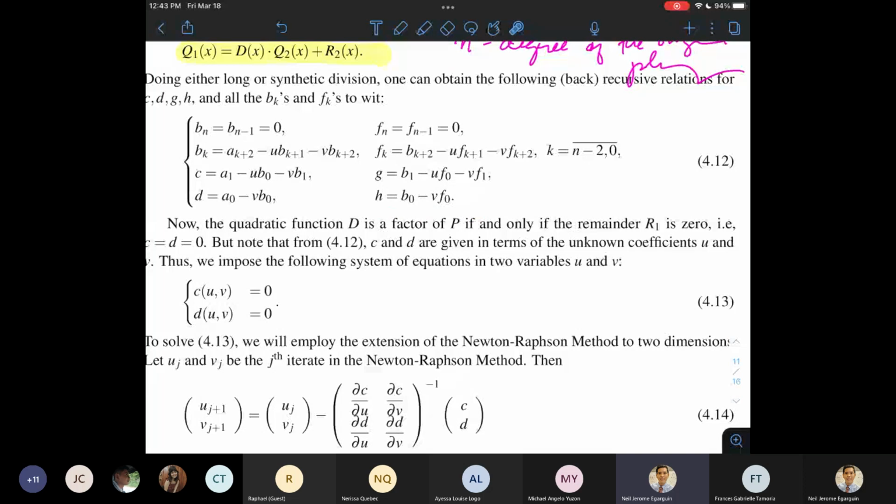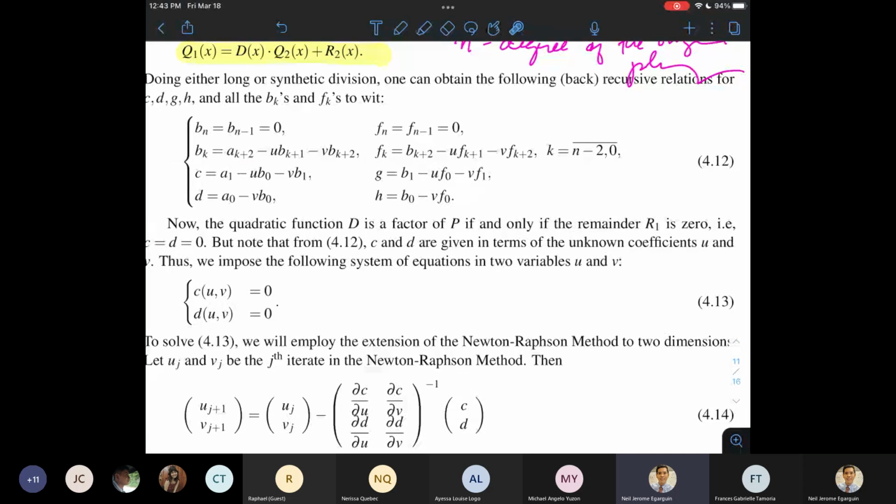So if you'll write a program for this, make sure to encode these lines in this particular order. Okay? Kasi nga, recursive siya, kailangan ko yung mga previous values para ma-compute yung mga bagong values. So for instance, I cannot compute d and h without computing the b sub k's and the f sub k's muna.